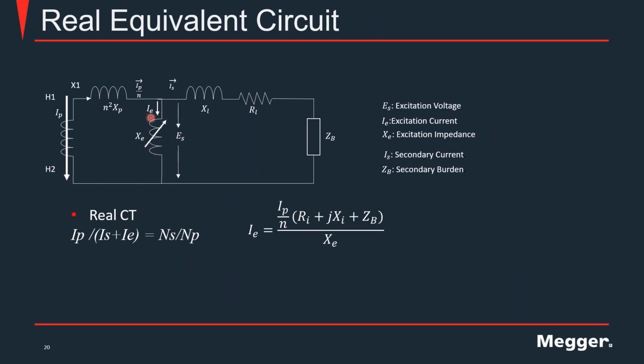This excitation branch makes it so that instead of the secondary current being equal to the primary current divided by N, the secondary current is now the primary minus the excitation. So in a real CT, IP divided by N equals IS plus IE, which means that IE constitutes an error on the measurement.